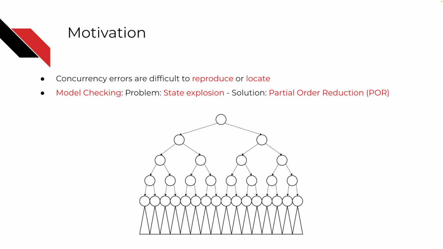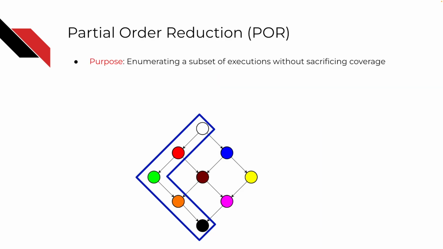To address this problem, there exists an approach called partial order reduction, or POR, which is used for limiting the number of explored interleavings. So, the purpose of POR is enumerating not all, but a subset of executions without sacrificing coverage. But then, what does coverage mean? It means that at least one execution from each equivalence class called Mazurkiewicz trace is discovered.